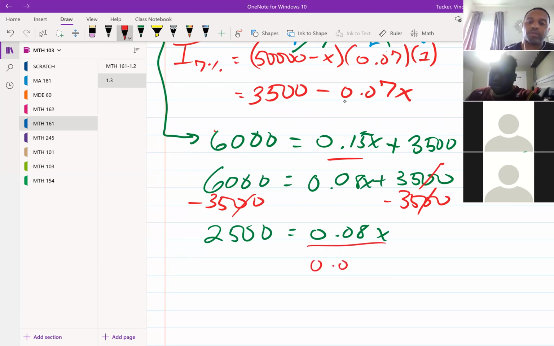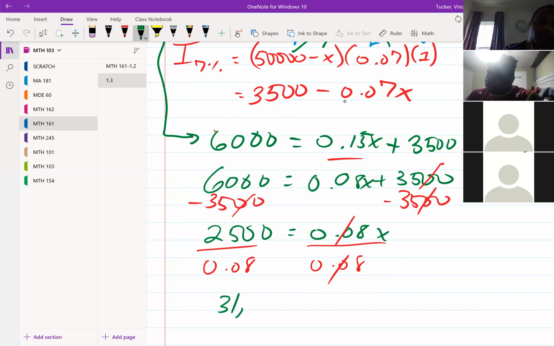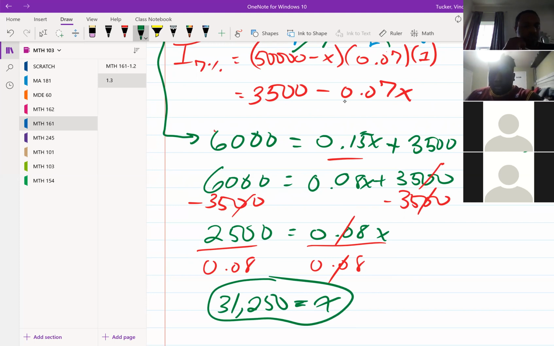Now divide by 0.08. So it's 31,250 equal to x. All right, so before we finish off this problem, questions on anything I've done up to that point?